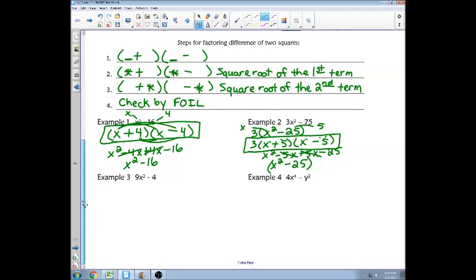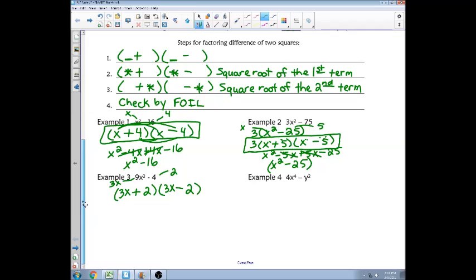On to example 3. Let's see if I have the difference of two squares to start with. 9 is a perfect square, x squared is a perfect square, and 4 is a perfect square, which means I do have the difference of two squares. So I'll set up two sets of parentheses, plus and minus. I need to figure out what is the square root of 9x squared. It'd be 3x. The square root of 4 is 2. So 3x and 3x, 2 and 2.